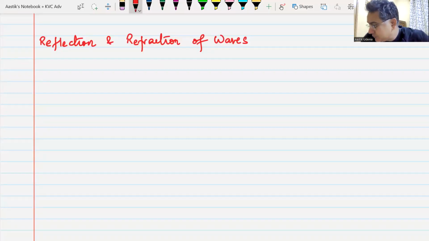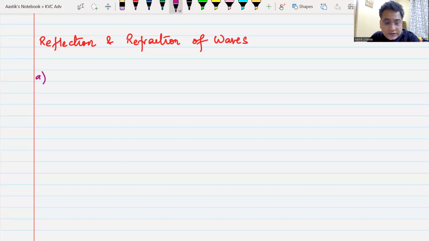Okay. Reflection and refraction of waves. So now we are going to see how waves are getting reflected and refracted, or you can also call them transmitted. Now remember, when we are talking about these waves, they could be transverse waves or longitudinal waves. Now we do it in two different cases.